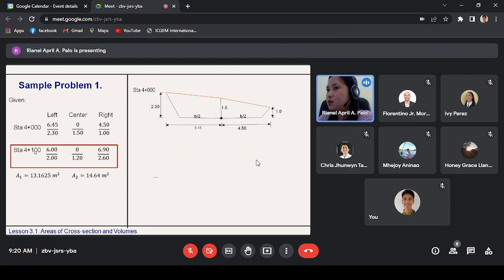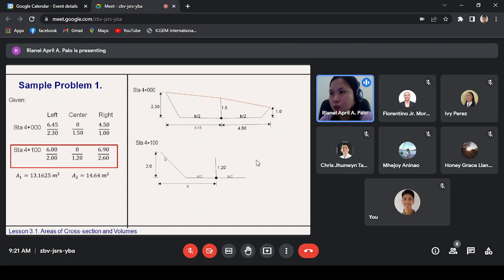Then for station 4 plus 100, we have 0, then the vertical distance is positive 1.2, then the distance of the slope base, 1/2 b, or b over 2, from the center point to the end point of the base, on the left side, same with the right side. Then for the left side, our slope stake distance is 6 meters from the center point, the horizontal distance, and the vertical distance is positive 2.